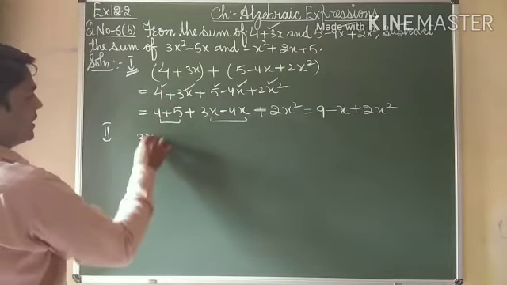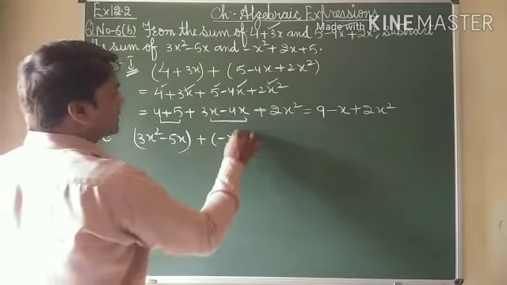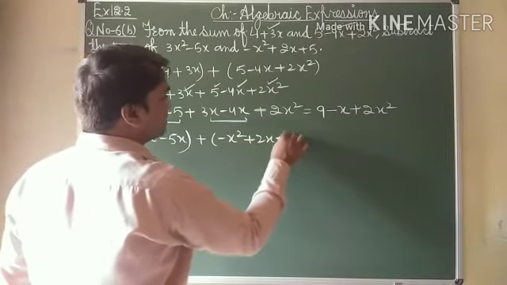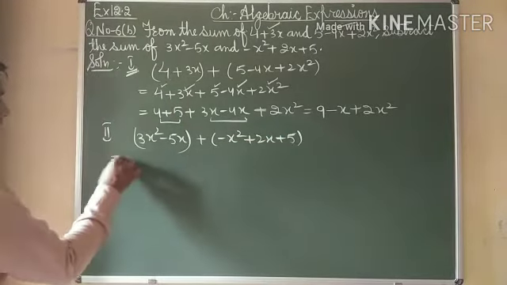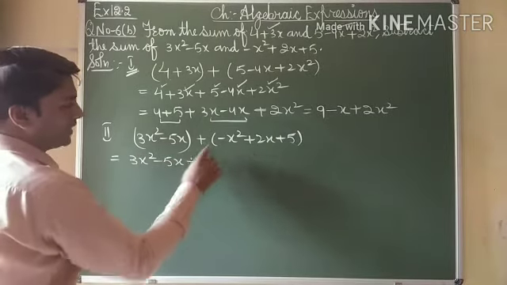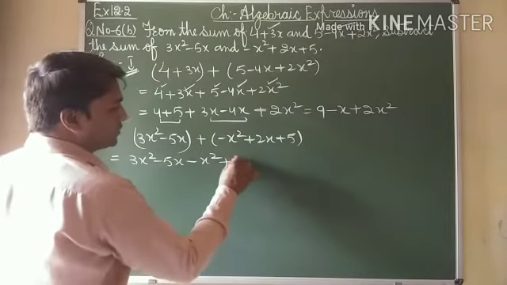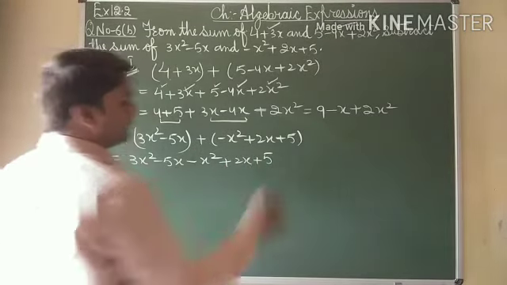So we get 3x square minus 5x plus minus x square plus 2x plus 5. Now open the bracket, we get 3x square minus 5x minus x square plus 2x plus 5.